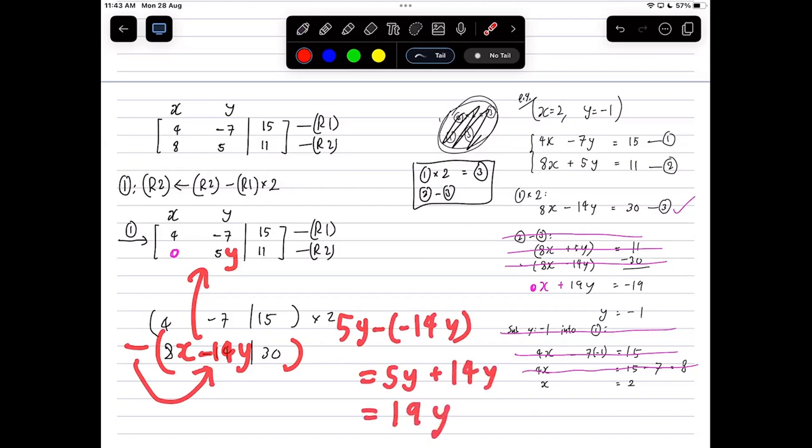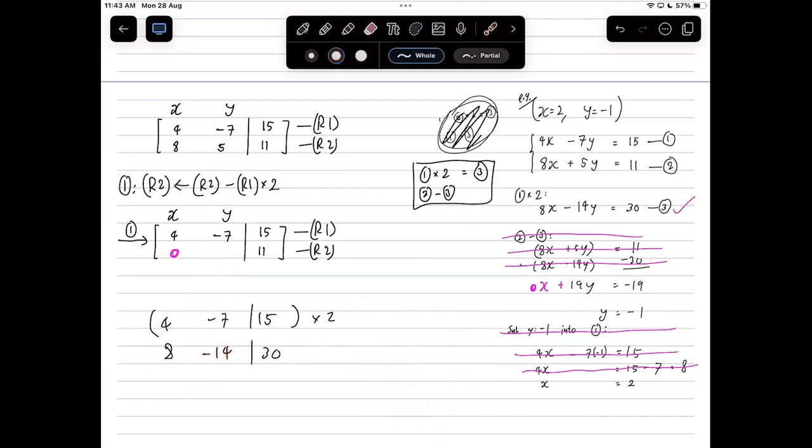But to be more efficient, we don't write 19y, we write just 19. So we update this 5 with a 19. Likewise for the constant, you have the original 11 minus away the 30, so 11 minus 30 gives you negative 19.